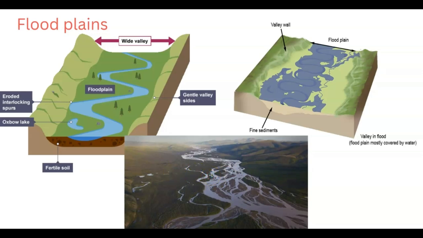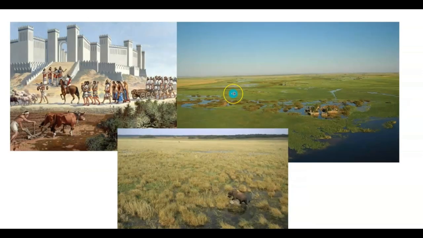Okay, the heavier load, such as rocks and pebbles, are deposited closer to the banks of the river. So they're not going to be deposited as far away as the fine silt. Okay, the fertile silt deposited by the river is called alluvium and provides fertile land for agriculture. It still is used, but it was also used many centuries ago in the past.